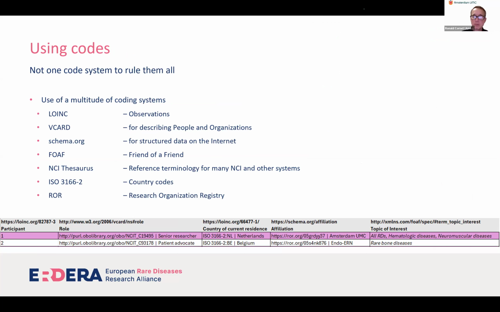I used LOINC, which is geared towards observations, vCard for describing people and organizations, schema.org for structured data on the internet, the FOAF vocabulary, which stands for friend of a friend, the NCI thesaurus, the ISO codes, and the research organization registry. So 1, 2, 3, 4, 7 different coding systems to codify this data set.